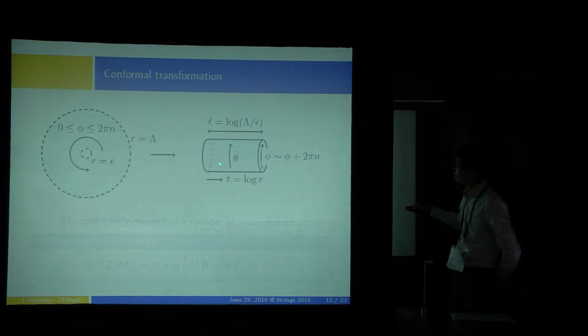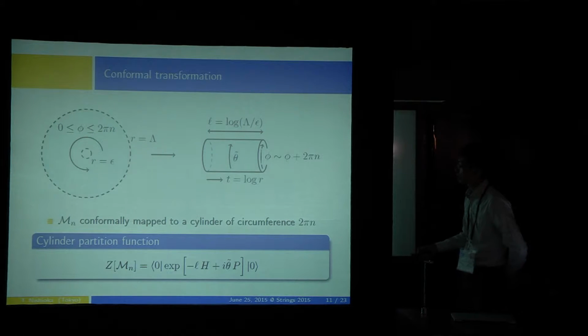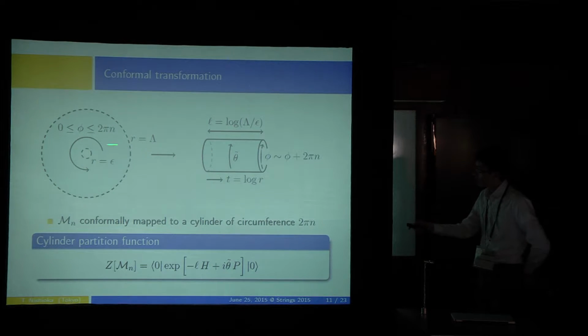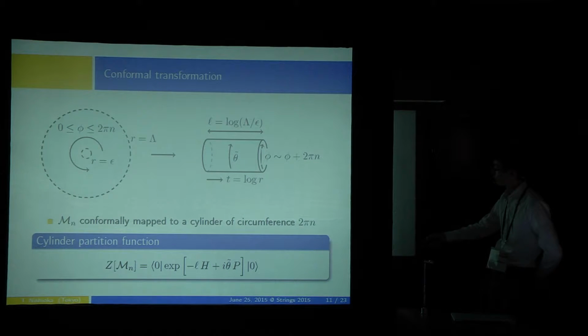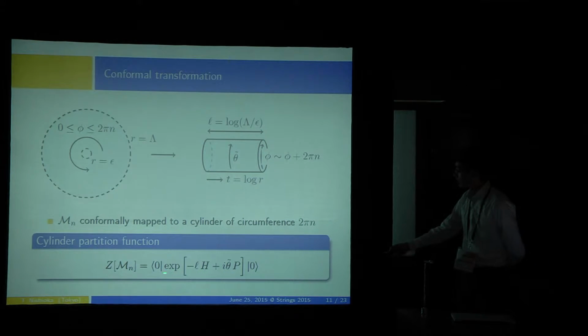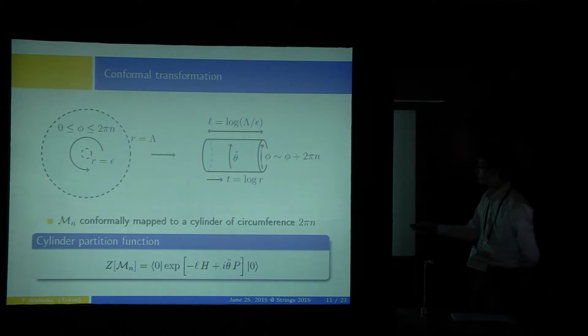Okay, and then we can calculate the partition function of the n-fold cover by using the cylinder partition function after the map. We know very well about the cylinder partition function, especially in the context of string theory. To calculate the partition function, we have a Hamiltonian, which is conjugate to this direction, and also a momentum operator, which generates the translation along phi.